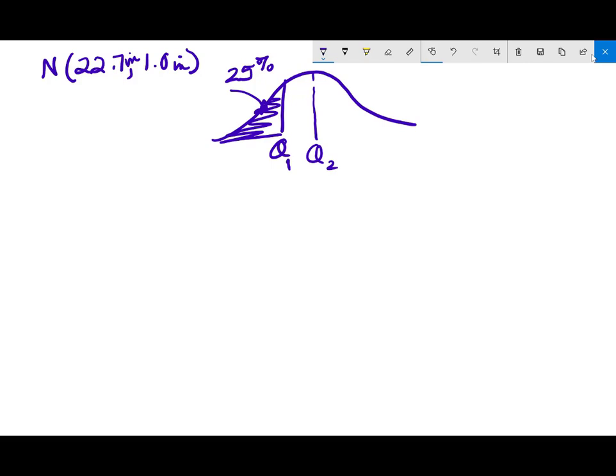I can go in the body of the table, and since it's to the left I can use the table as it stands, or I can go to StatCrunch and do standard, less than, get rid of the z-score and put in the probability of 0.25.